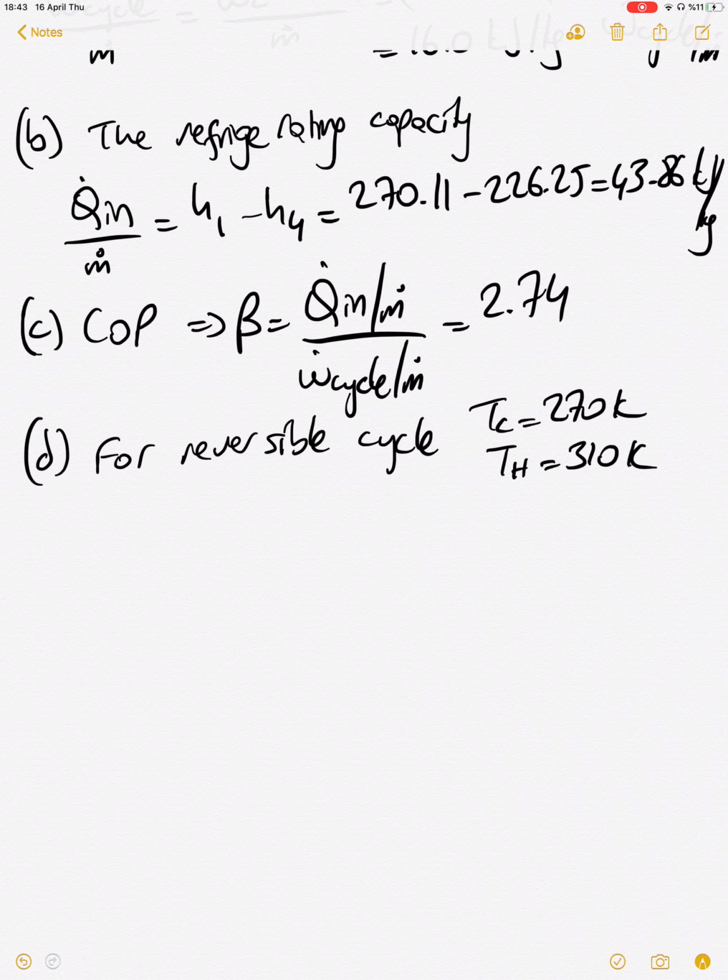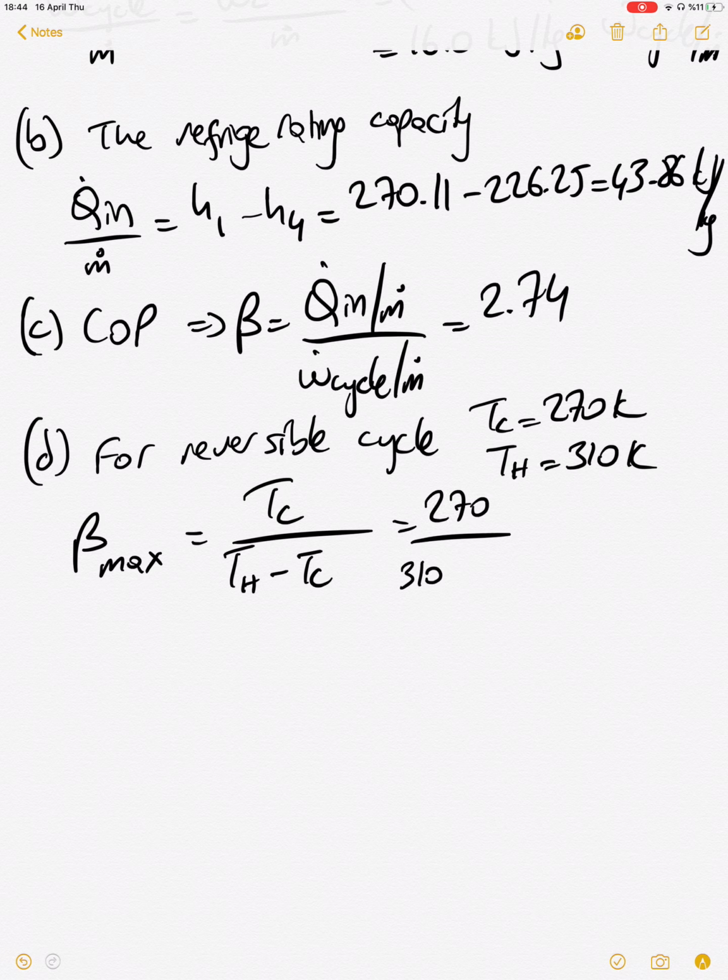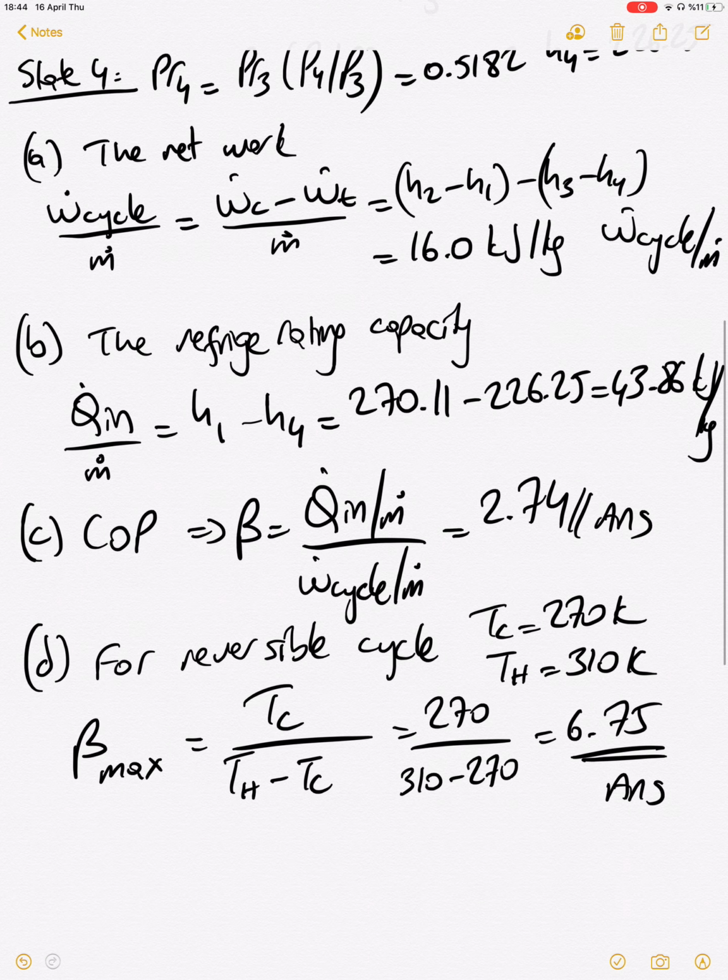When you compare that, beta max, the maximum this system can perform, is 270 over 40, which is 6.75. So it is well underperforming, but of course this is a fully reversible cycle. So this is very similar to the gas power cycles, but it can also be used for a refrigeration system.